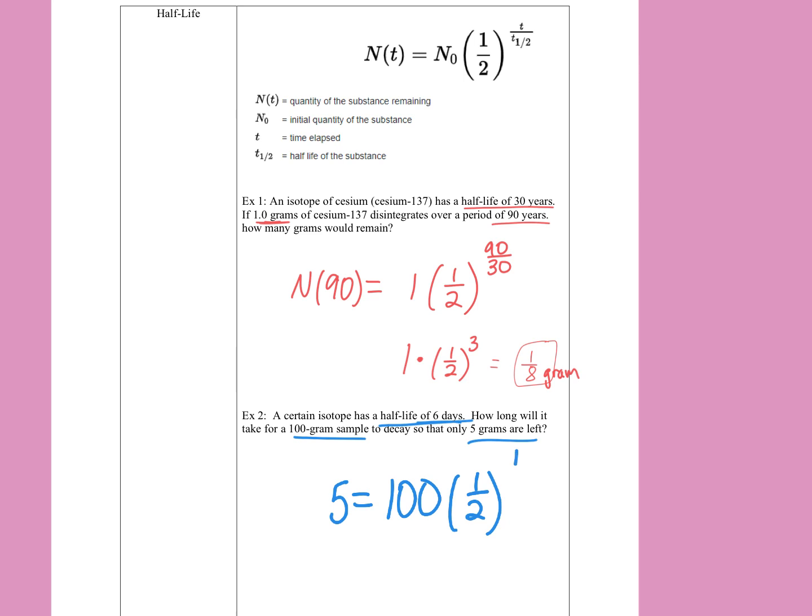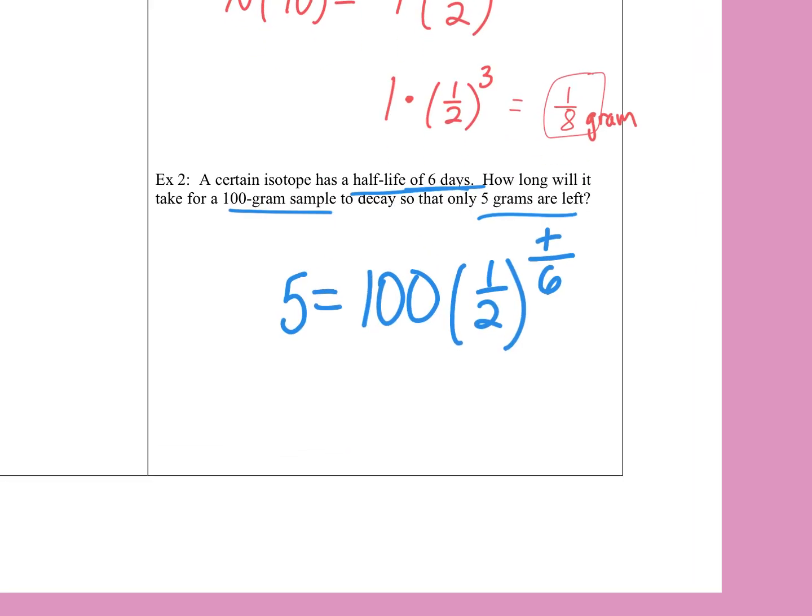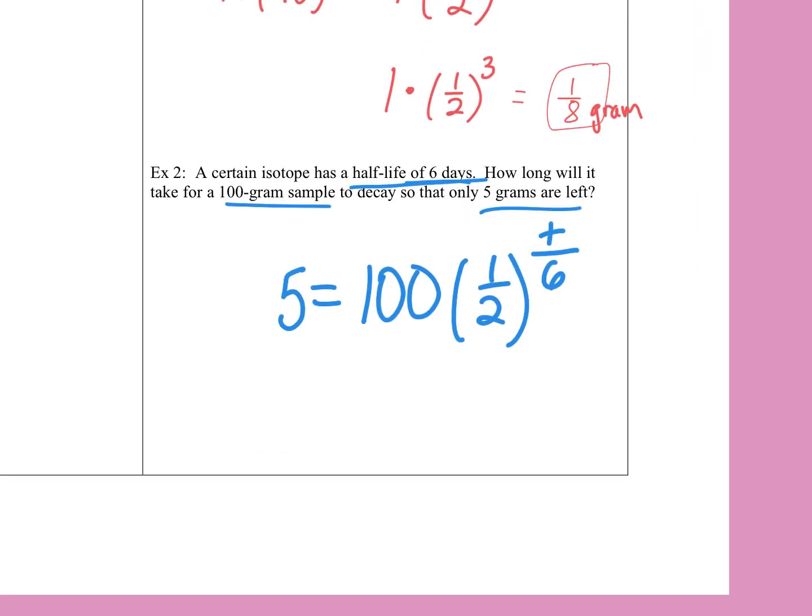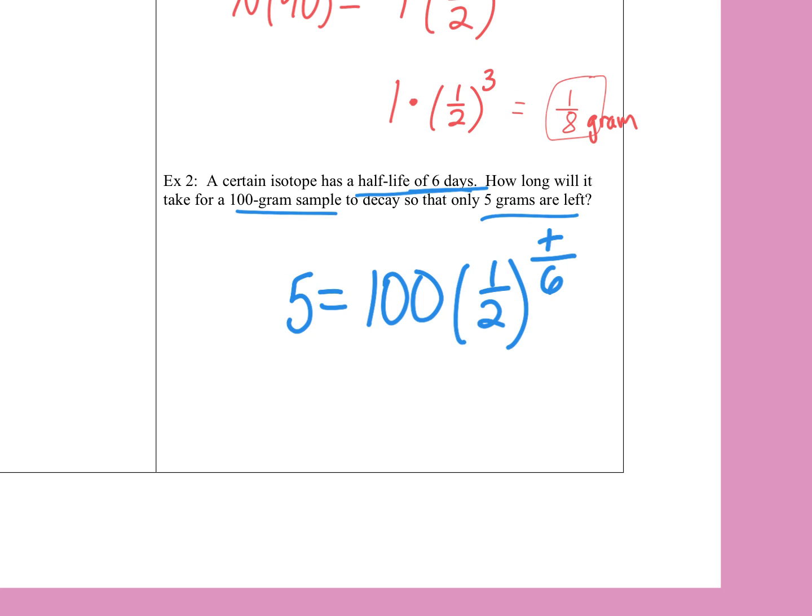So we actually don't know what the time is, but we know it's T over 6 because the half-life is 6. Okay, so then we would just have to solve this equation, and we will do this one as a warm-up next class. Okay, actually finish it, and then we'll check it next class.